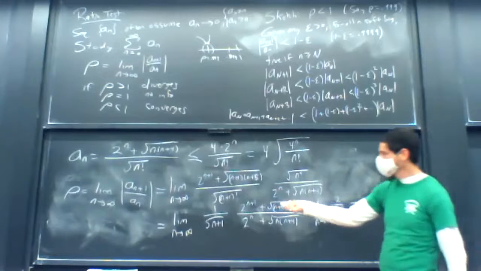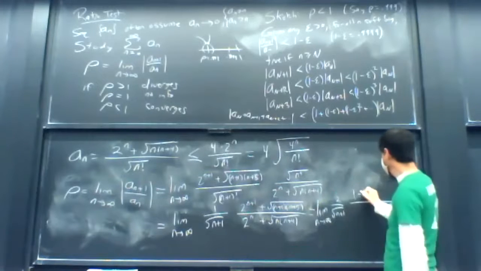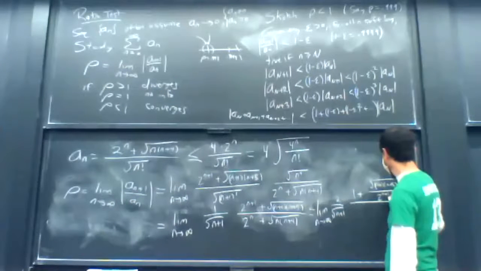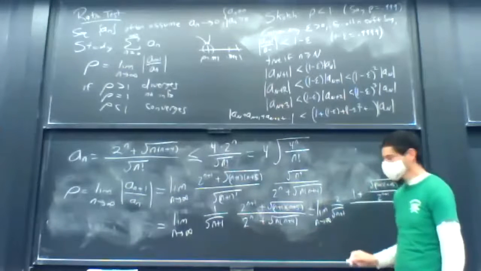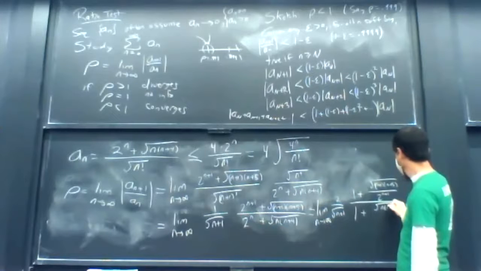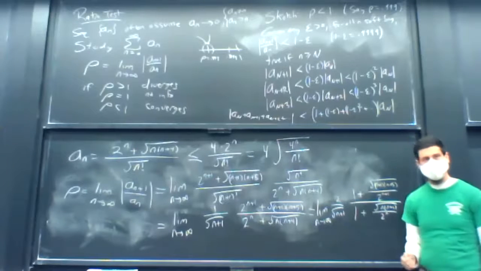And now I'm going to pull out 2^(n+1), so I have 1 plus the square root of (n+1)(n+5) over 2^(n+1). And down below I pull out the 2^n, it's 1 plus the square root of (n+4) over 2^n.